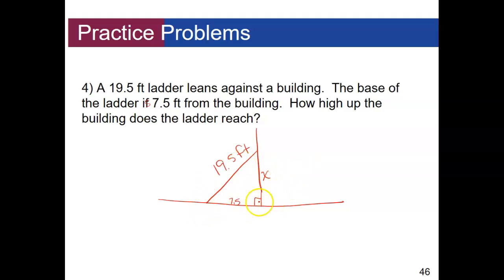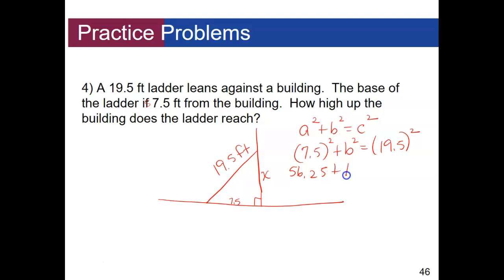Hopefully you remember that when you work with right triangles, you can use the Pythagorean theorem. And the Pythagorean theorem says a squared plus b squared equals c squared. You can only use this for right triangles, and c has to be the hypotenuse, which is the side opposite the right angle. So here we're going to have 7.5 squared plus b squared equals 19.5 squared. So we can simplify these. So we'll have 56.25 plus b squared.